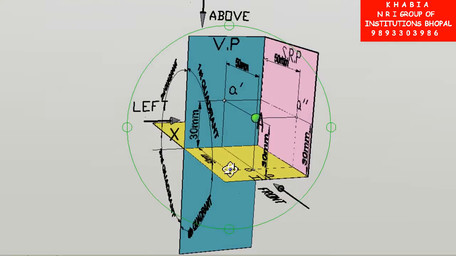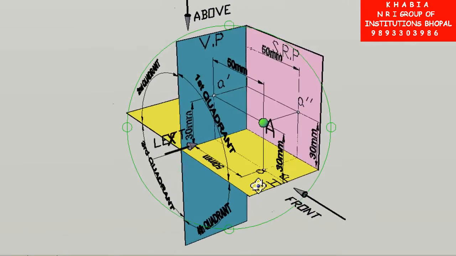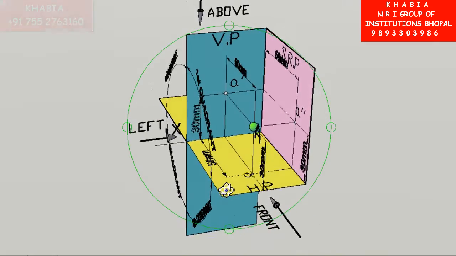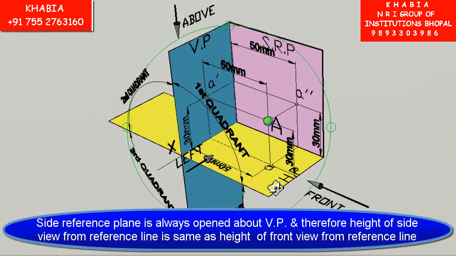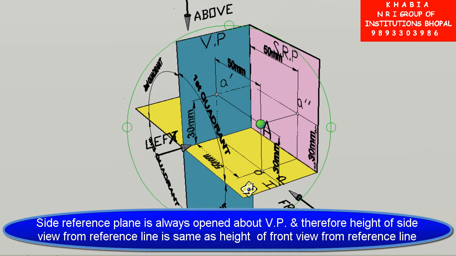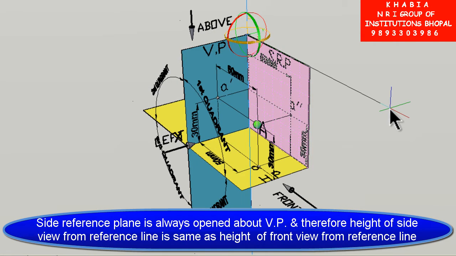Now let us understand the opening of the side reference plane. The side reference plane is always opened about VP such that the level of the side view is the same as the level of the front view. Let me open the side reference plane before you so that you get a clear visualization of the opening of the side reference plane in 3 dimensions.